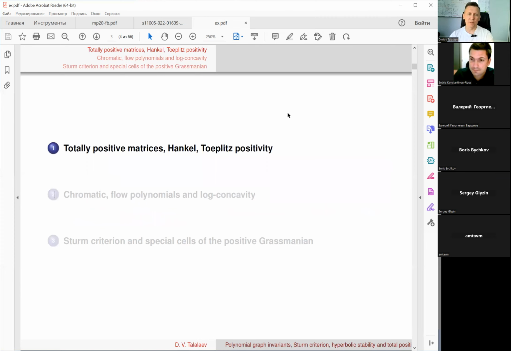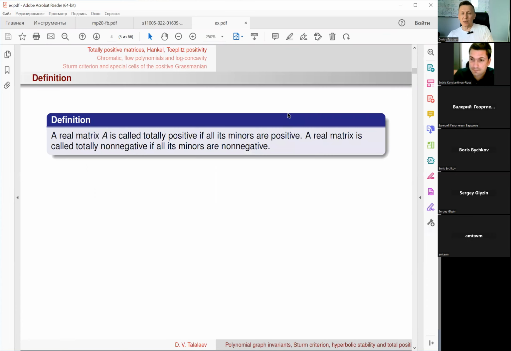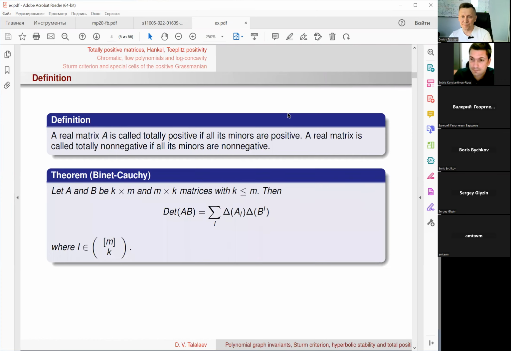I will start by recalling the principal definitions of totally positive matrices and their appearance in problems of root localization of real polynomials. So, from the beginning, a real matrix A is called totally positive if all its minors are positive, and it's called totally non-negative if all its minors are non-negative.